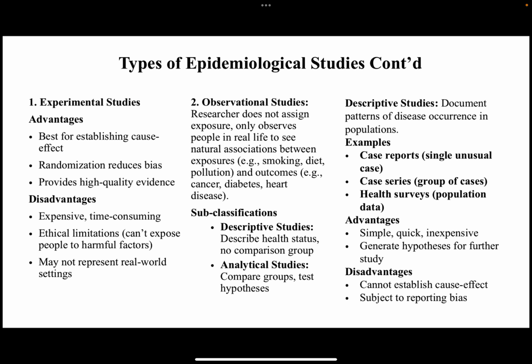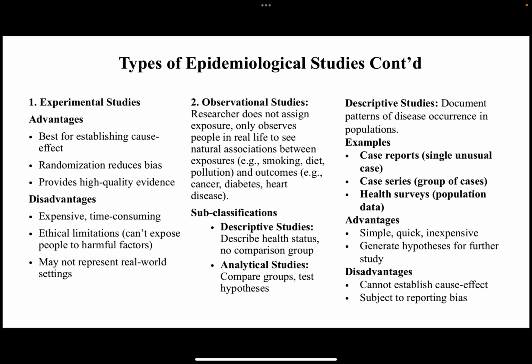Now, the moment an epidemiologist decides to study people and make comparison between them, the epidemiologist can choose to study two different people with the same condition and then compare the two different people. Once you decide to make a comparison, you are doing an analytical study.